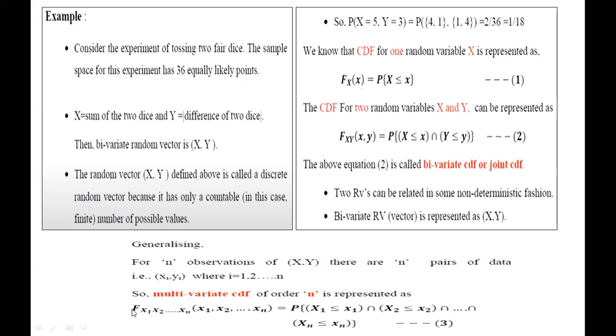The CDF is represented by capital F, which is equal to the probability of the individual random variables intersection, that is the probability of X1 less than or equal to x1, intersection with random variable X2 less than or equal to x2, so on up to the last random variable Xn less than or equal to small xn. So this is your equation 3, the multivariate CDF equation. So write in your notes the following three equations, which will help you understand the next topic.